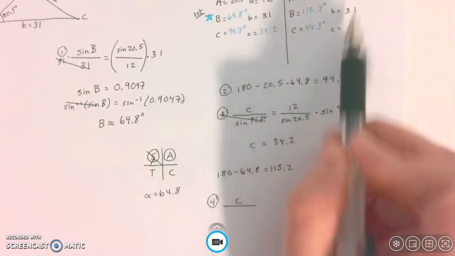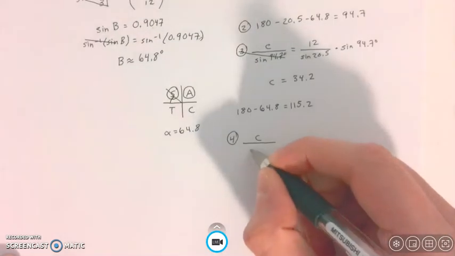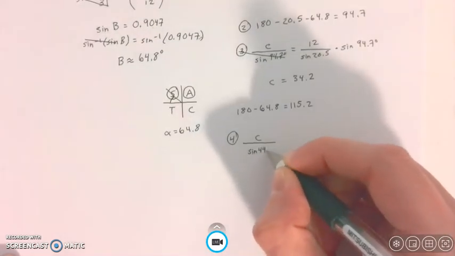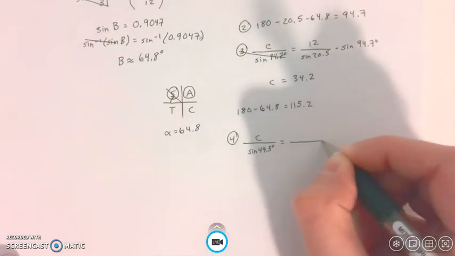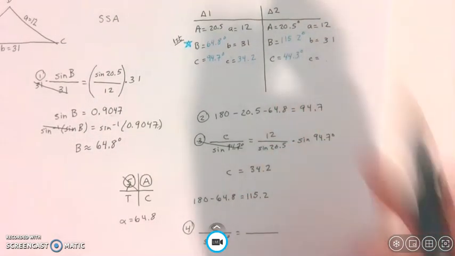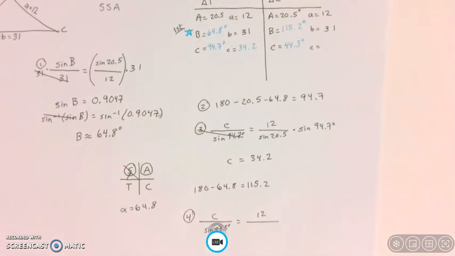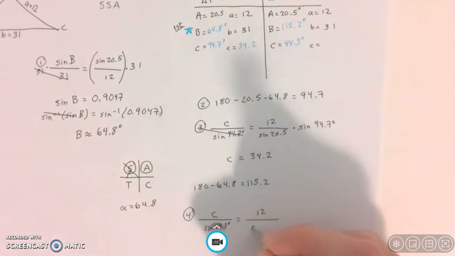Disregard this right now. We're dealing with triangle 2. So sine of 44.3. And let's go ahead and set that equal to a complete set, which would be the A's. So I'm going to have 12 in the numerator over sine of 20.5.